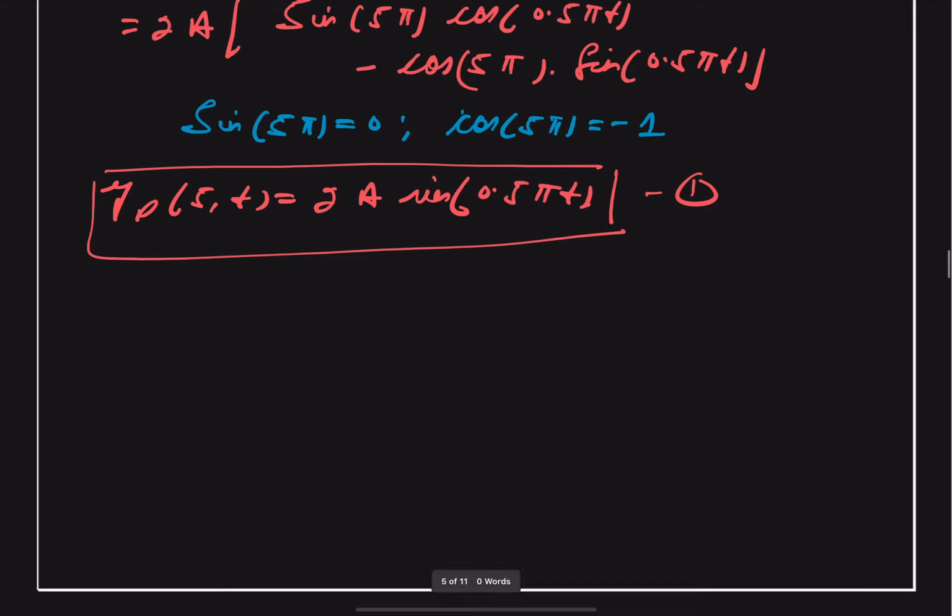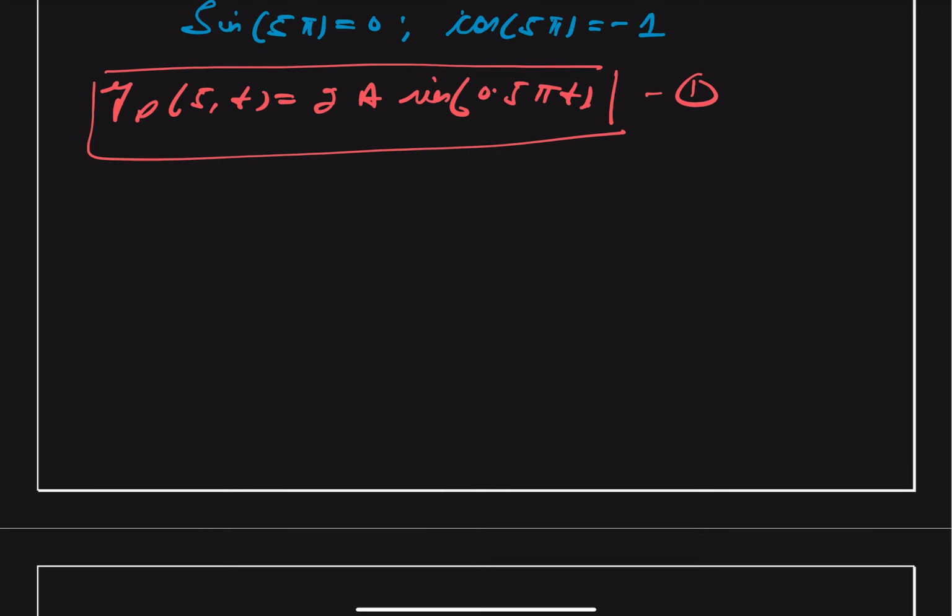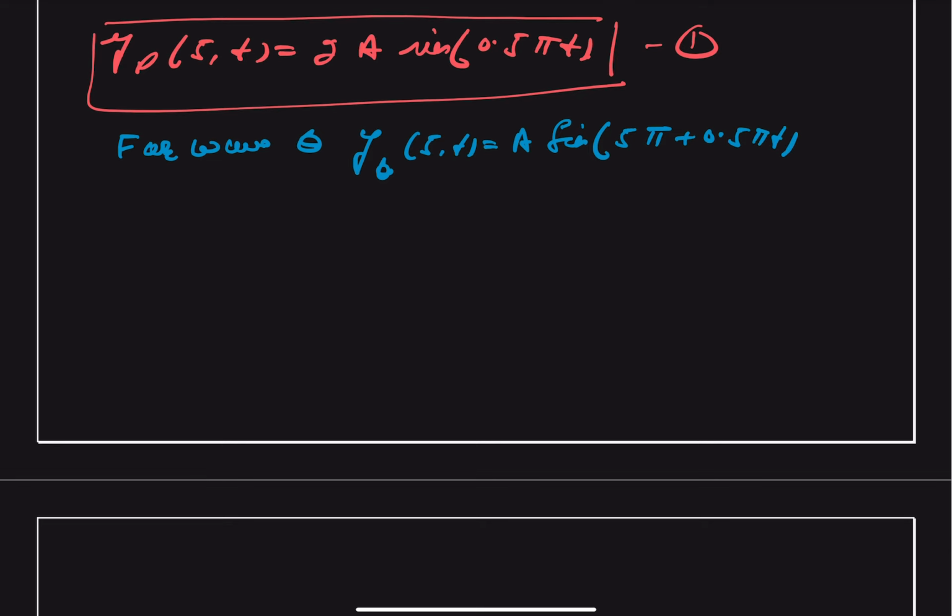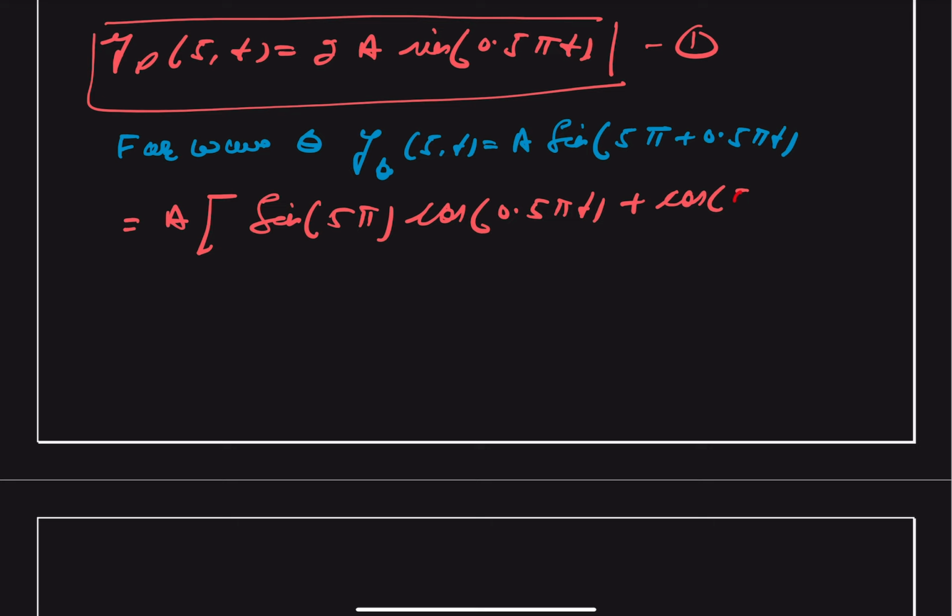So for wave q we get y of q at 5, t will be equal to a sine of 5 pi plus 0.5 pi t, and this also, by using the trigonometric identity, will be a times sine of 5 pi cos of 0.5 pi t plus cos of 5 pi multiplied by sine of 0.5 pi t.